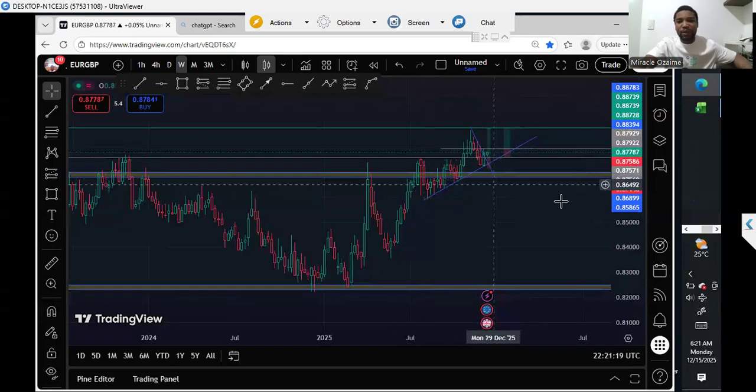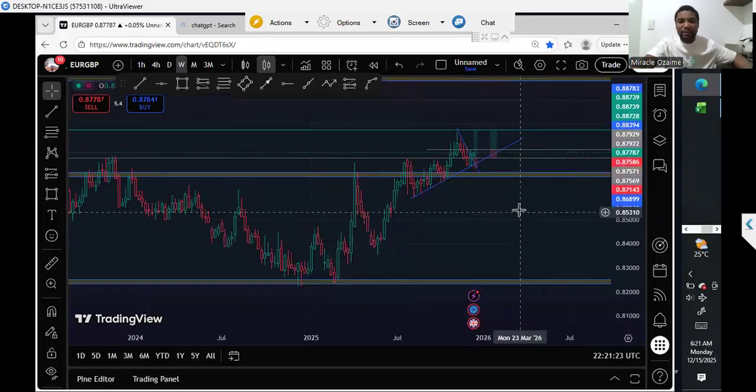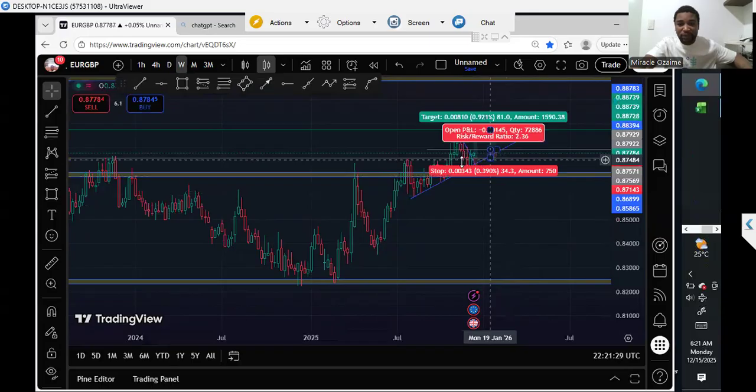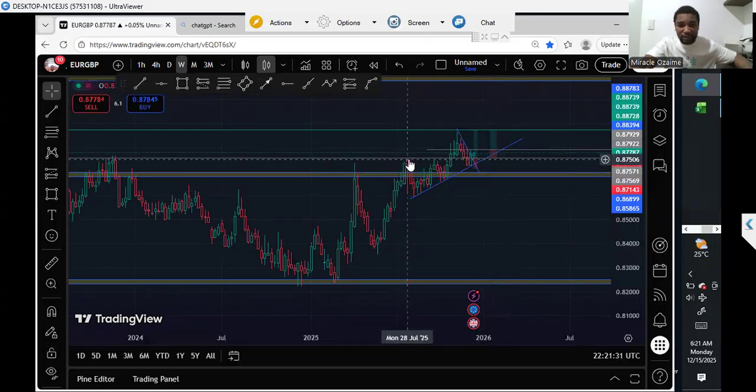So I'm looking to buy this Euro GDP at this level, this trend line level that I put here. It's not a trend line actually, the hash line around this area.